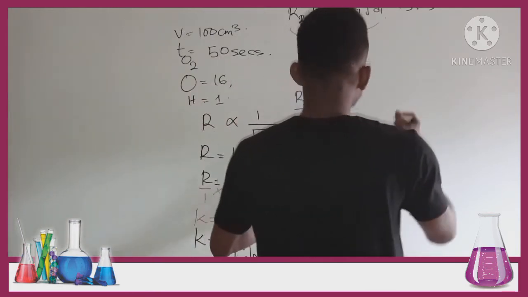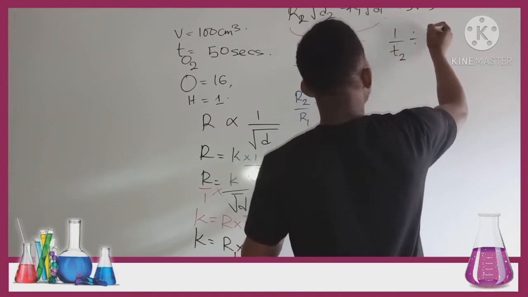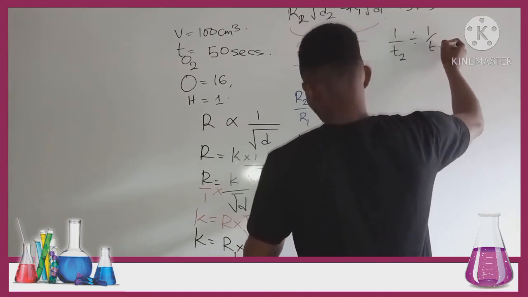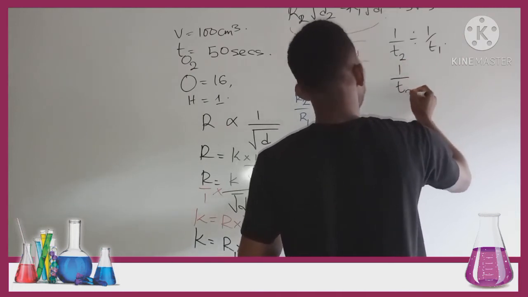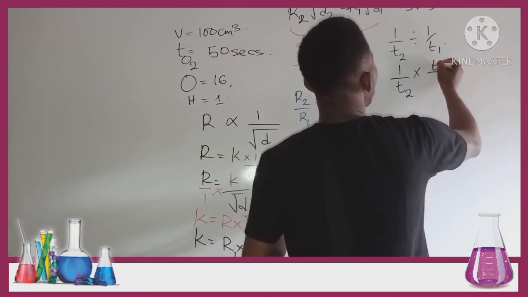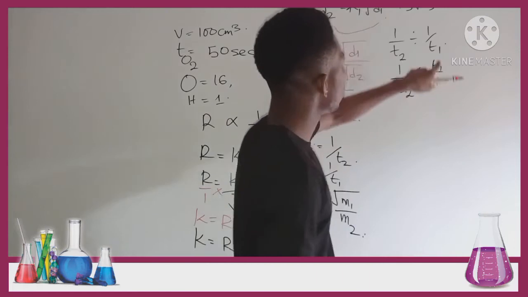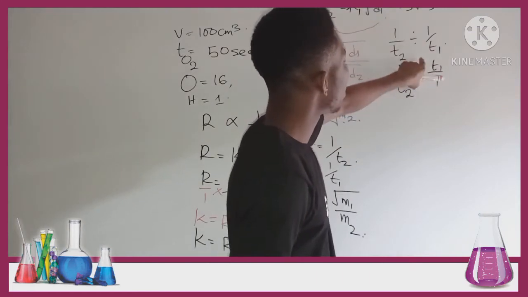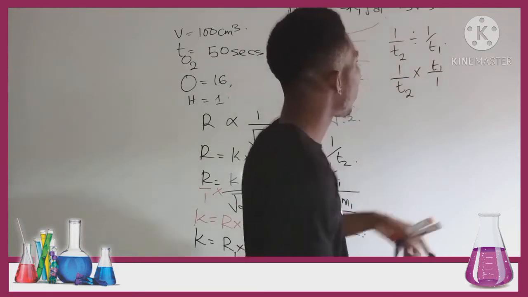Do you agree with me now? 1 over t2 divided by 1 over t1 is the same thing as 1 over t2 times t1 over 1. Why? Because when you change the division sign to multiplication, you take the inverse: t1 will come up, 1 will come down.